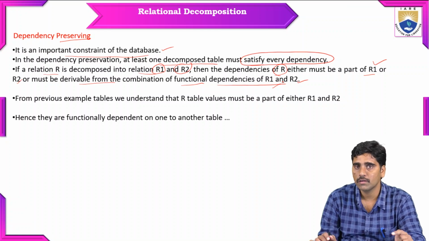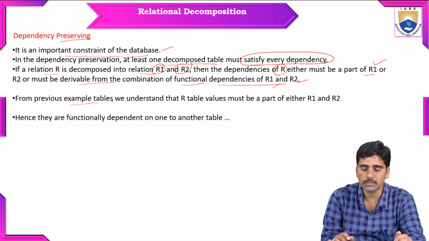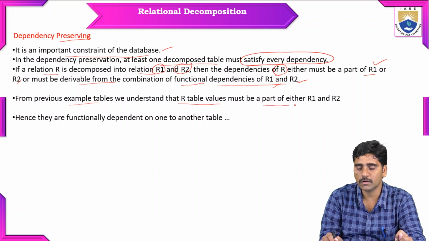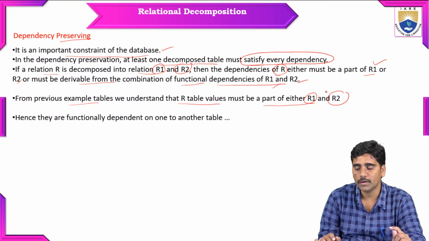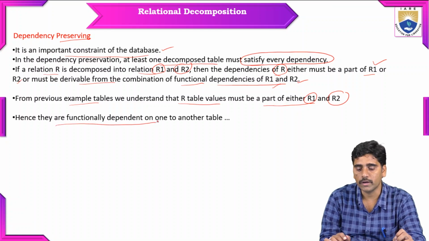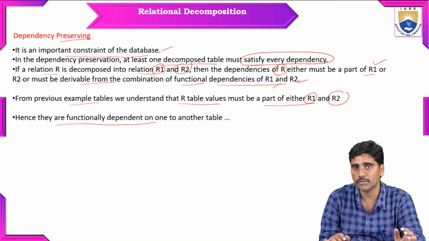From the previous example tables, we understand that the R table values must be part of either R1 or R2. Hence they are functionally dependent on one another. So this is the way to understand dependency preserving.